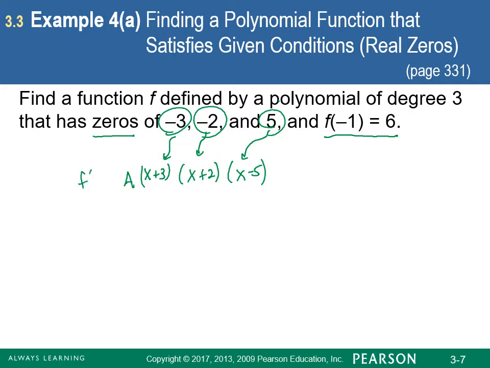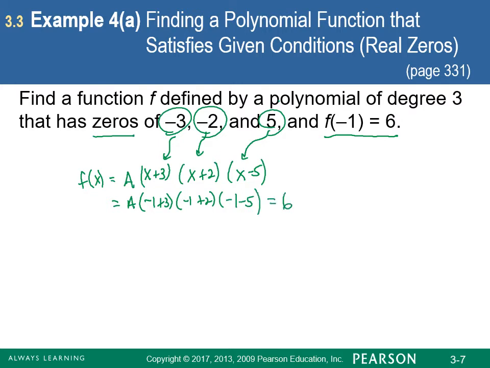And so our function would be some number times those three factors. Now we're told that if we use a negative 1 in place of the x, that would look like this. Then we're going to get a 6 as the answer.